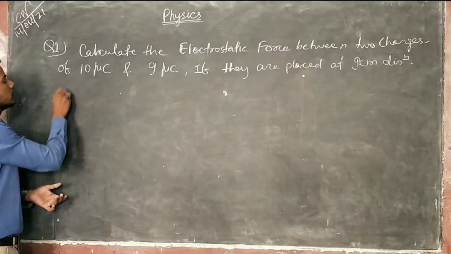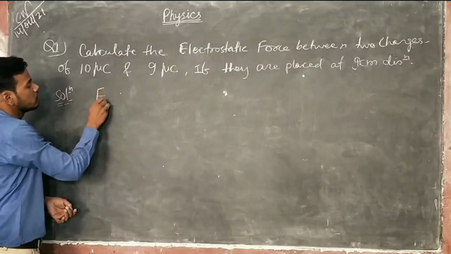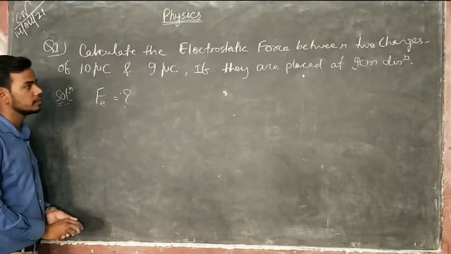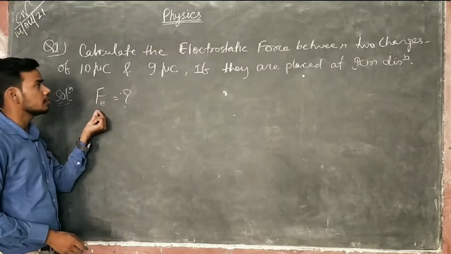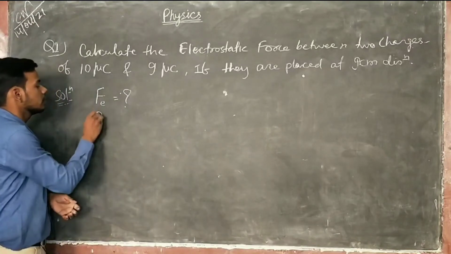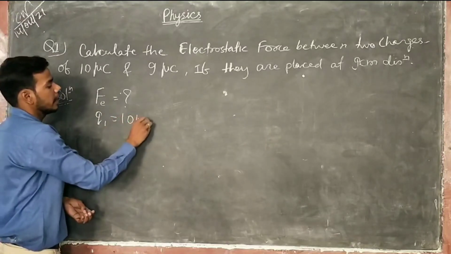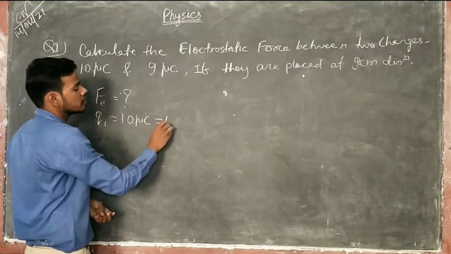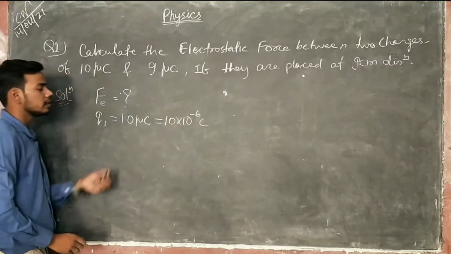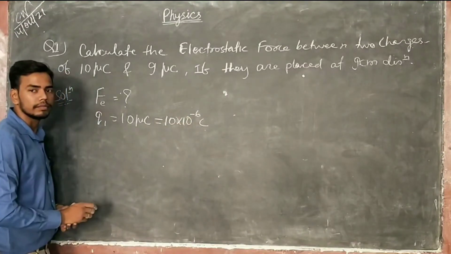On reading it, I got that we have to find the electrostatic force, that means Fe is equal to question mark, because the electrostatic force has to be found. Now the given terms: the first charge Q1 is equal to 10 microcoulomb, and as you know students, micro stands for 10 to the power minus 6, so I have written it as 10 into 10 to the power minus 6 coulomb.